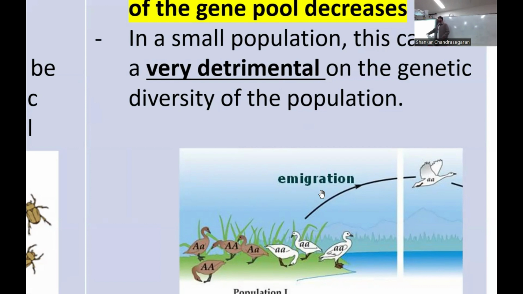Suddenly all that's left is the brown geese, which is going to be very detrimental to the population in terms of its survivability. If it encounters a selection pressure that selects against brown geese, then that population altogether can become extinct.